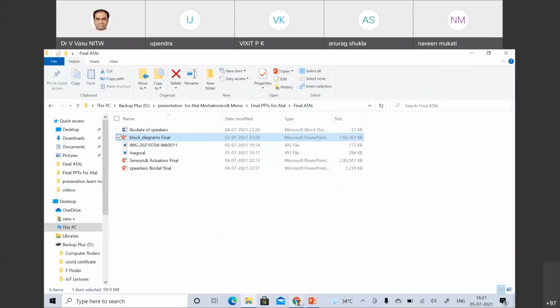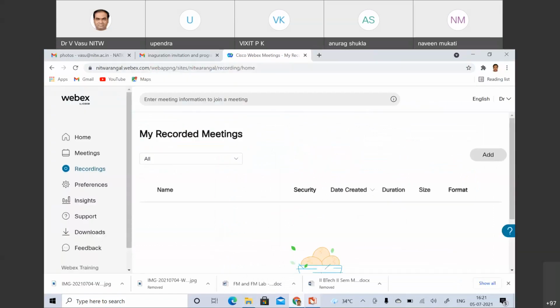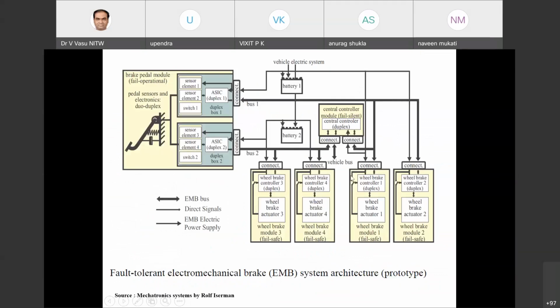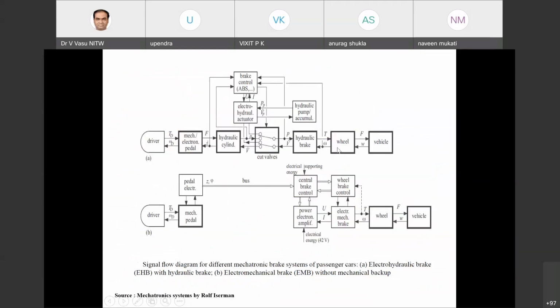Okay, so then we will go further. Then we will see one small example. I just want to show you here how we can have the braking system in a particular automobile system.